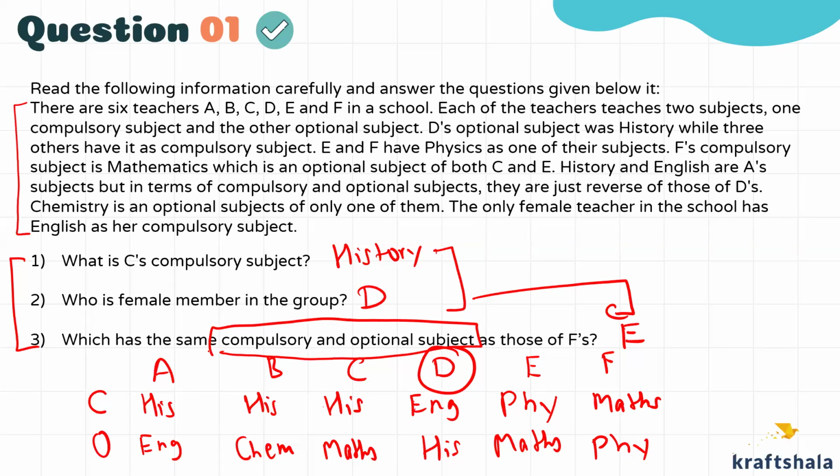Ideally they should write the same subjects as those of F, but they will only do this if there are more people in the queue. If there is no other possibility, why would they invest the extra effort? If there is another person who has maths and physics like this, then the question is valid, which out of these two should be the answer? But if there is no other person, then it's fine. Got it.